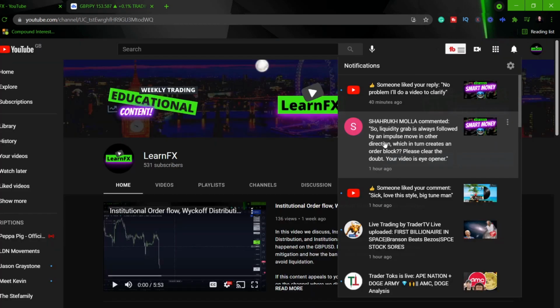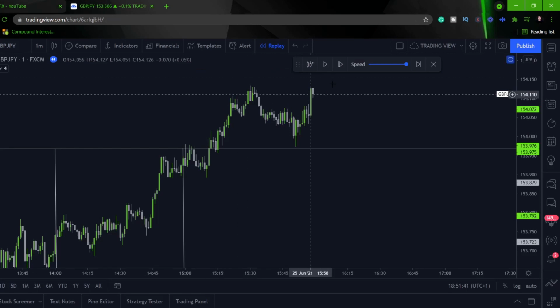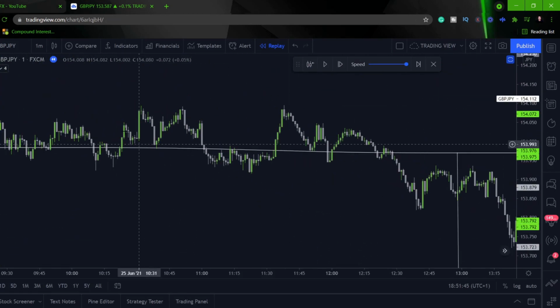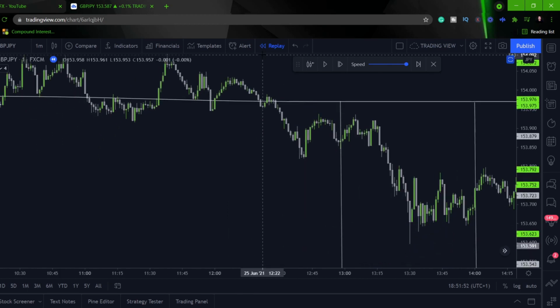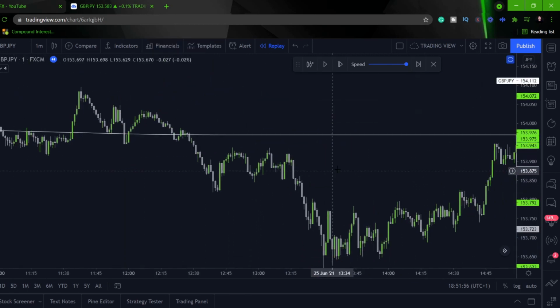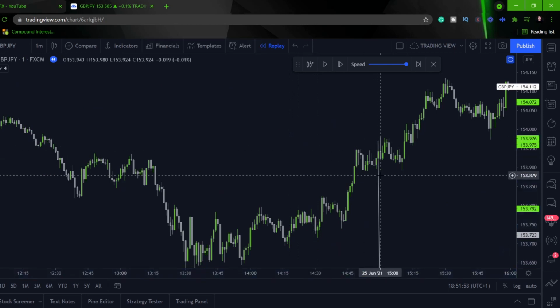So the impulse move in the opposite direction doesn't create the order block. What creates the order block is, at least in my definition, I know there are people who say it's the last down candle before an up move, but I don't like saying that, because the markets are fractal.